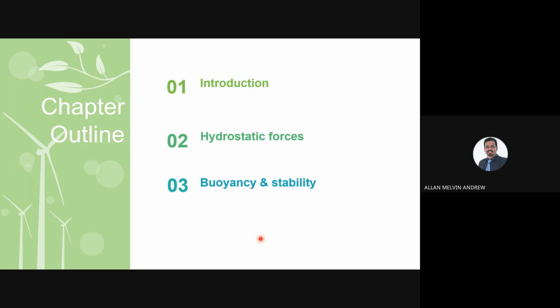It will cover more on the derivation of the calculations, and the usage of calculation in order to determine the values. Because when we are designing something underwater, there will be a lot of factors affecting the performance of whatever system we are doing.